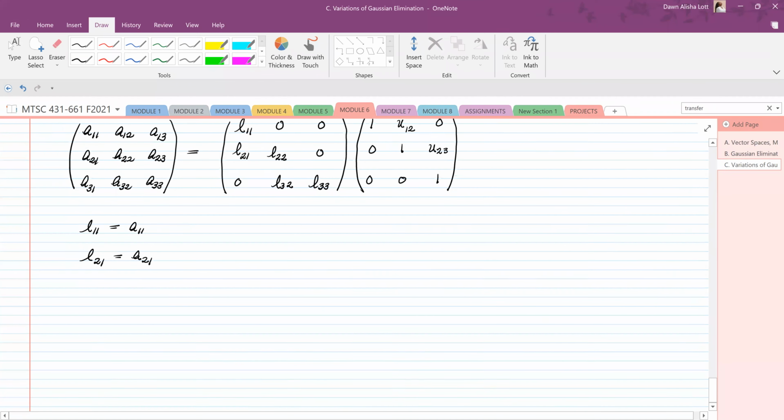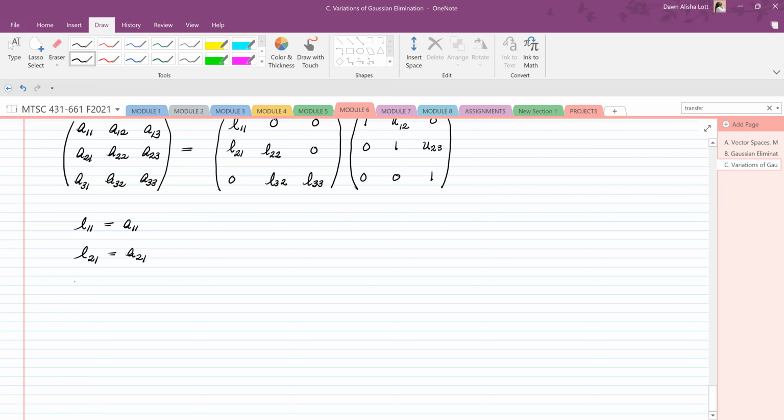Okay, then you get A12. You get L11 times U12 is equal to A12. So now you know U12 is equal to A12 over L11.